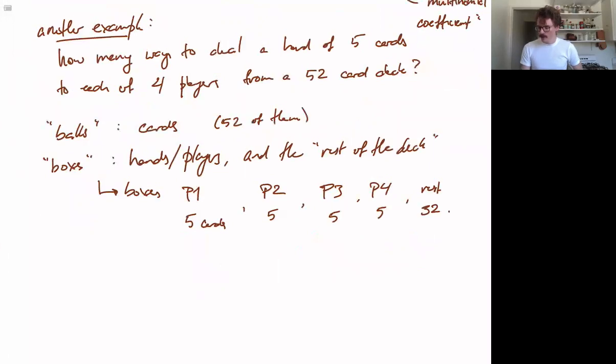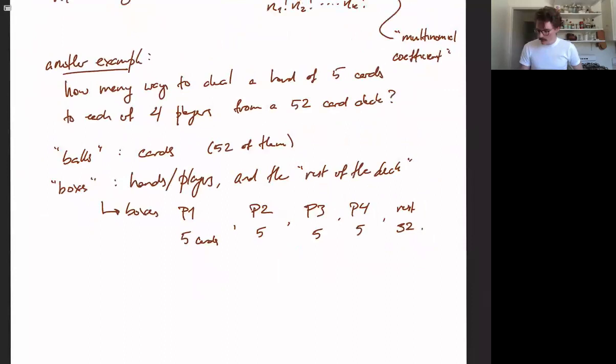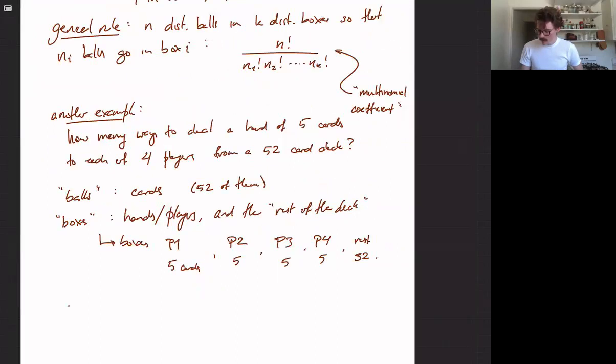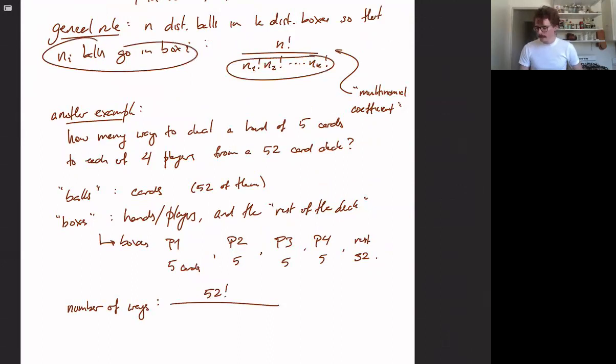So according to our general rule, the number of ways to do this is 52 factorial, because that is the number of balls, divided by the numbers that go in each box.